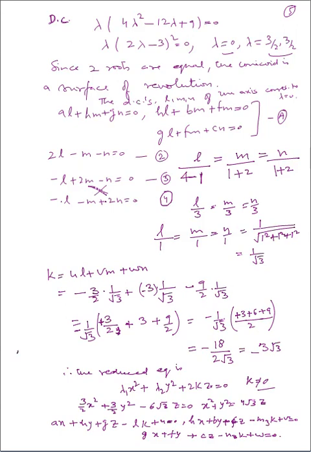Equation 4 was k(l3x + m3y + n3z) + ux + vy + wz + d = 0.